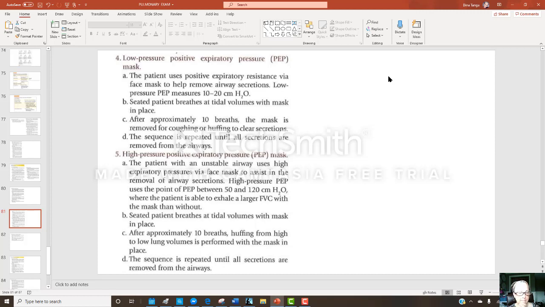High pressure PEP uses the point of PEP between 50 to 120 centimeters of water, where the patient is able to exhale a larger FVC with the mask than without. Seated patient breathes at tidal volumes with mask in place. After approximately 10 breaths, huffing from high to low lung volumes is performed with the mask in place. The sequence is repeated until all secretions are removed from the airways.